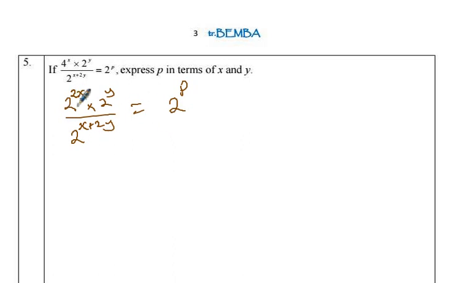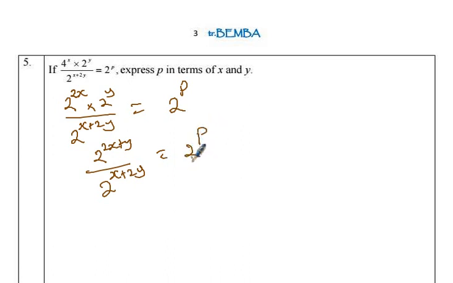So we need to use some rules of indices, okay? What do we do when we are multiplying numbers with the same base? The base is 2. We need to add the 2 powers, so I can write 2 to the power 2x plus y out of 2 to the power x plus 2y is equal to 2 to the power p.